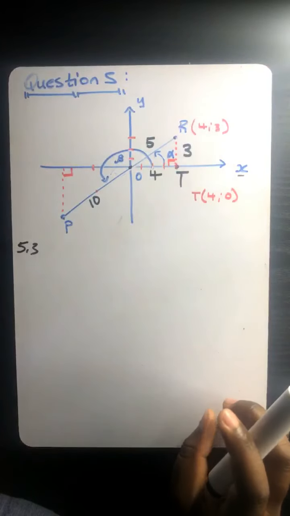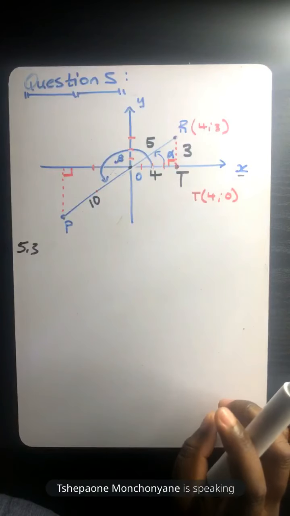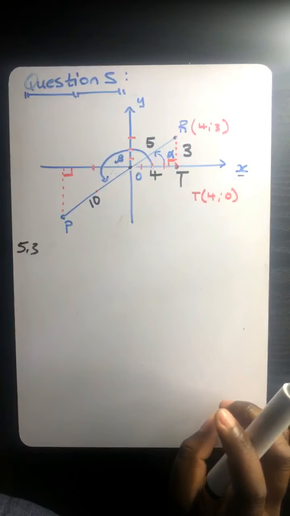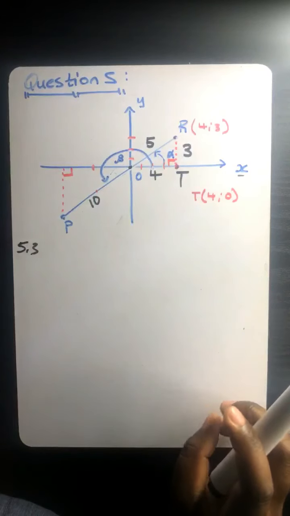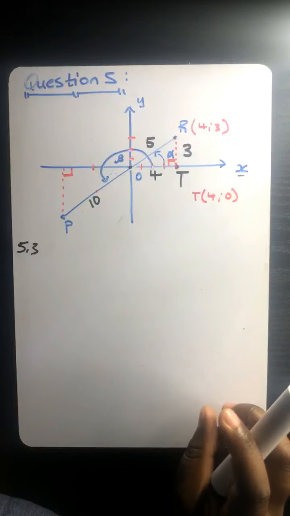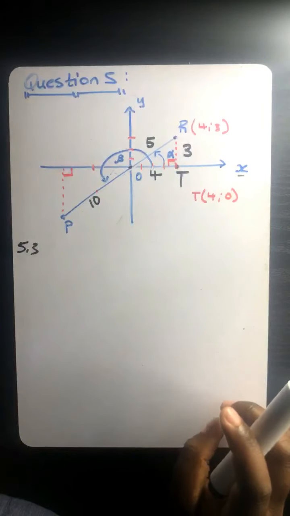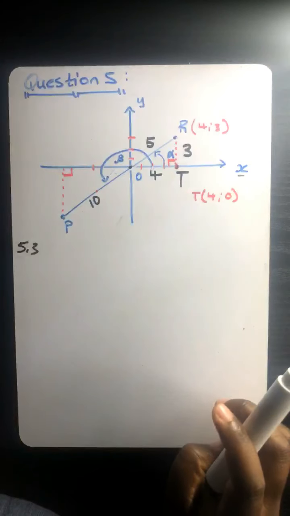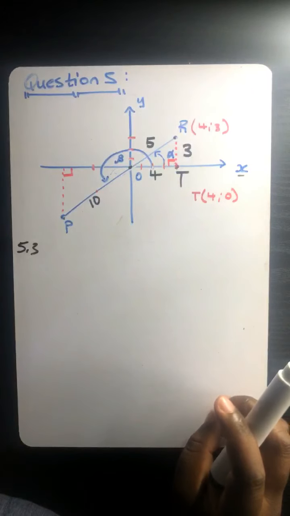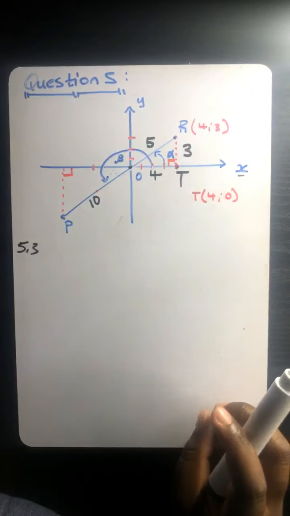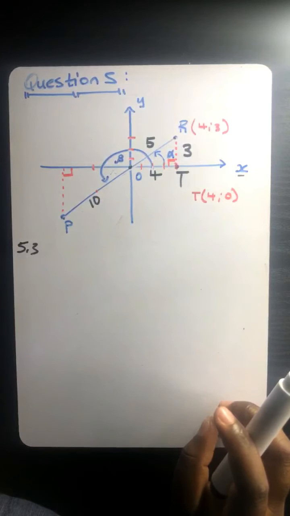So we write sine of RT over sine alpha, I think we want to say.